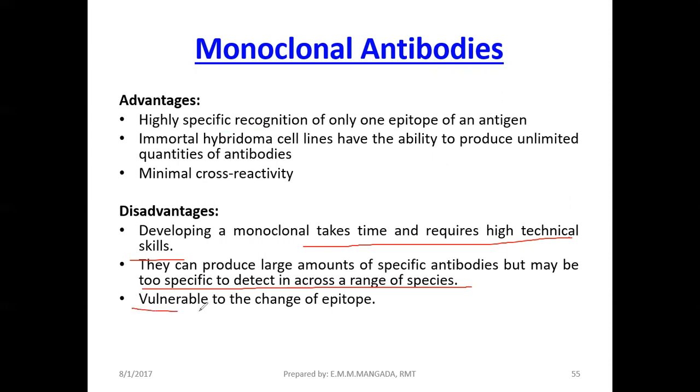And of course, it is vulnerable to change of epitope. So again, for example, this is our antigen. It has a triangle, a circle, and a square. Our monoclonal antibody for this disease is directed against your triangle antigen.